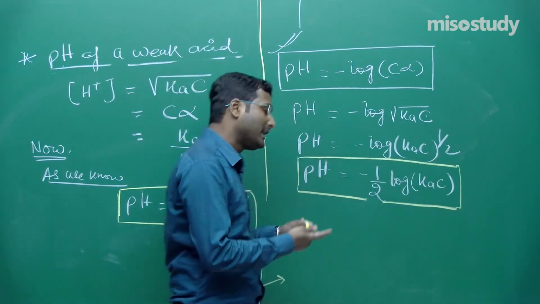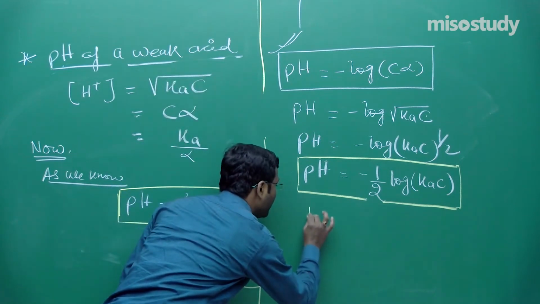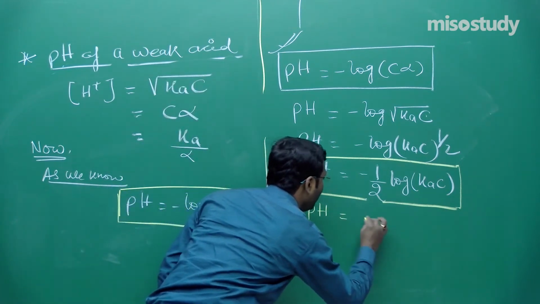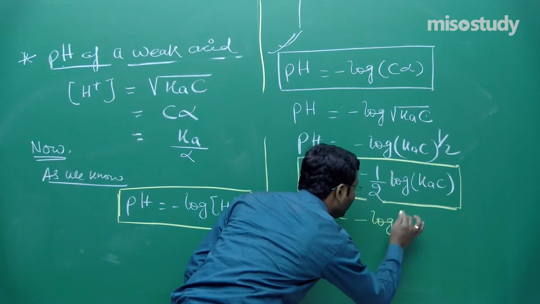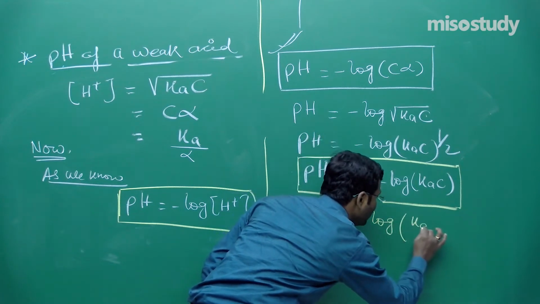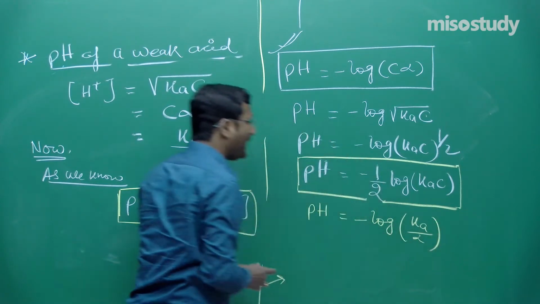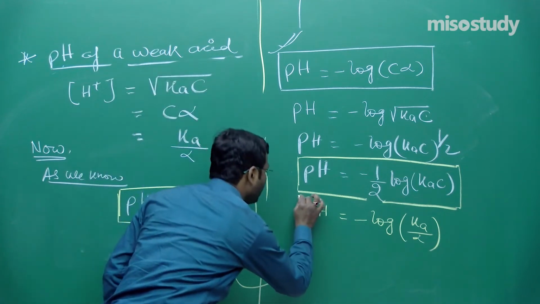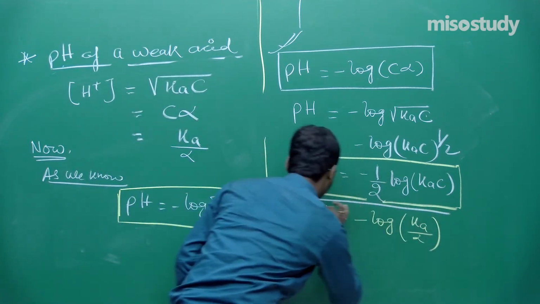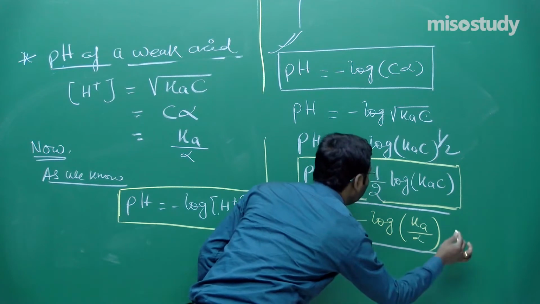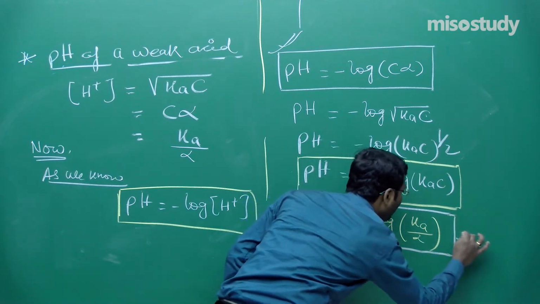It's very simple. Now the next expression: pH is equal to minus log H plus. In this case, H plus is equal to Ka upon alpha. So the last expression is pH is equal to minus log Ka upon alpha.